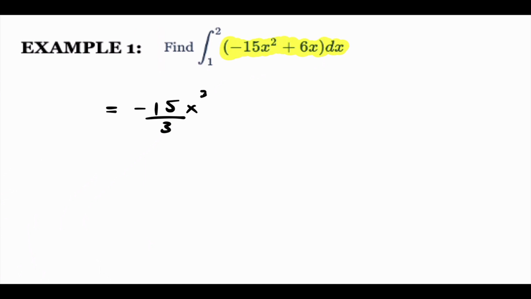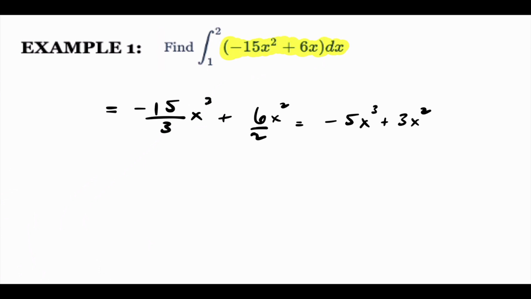We've done that before. Plus 6x squared divided by 2, or times 1/2, whatever you want to do. That simplifies to negative 5x to the third plus 3x squared, right? That's where we stopped up to this point.